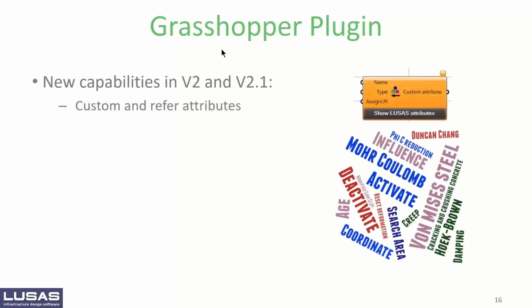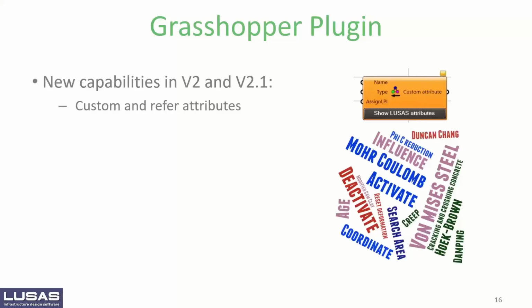So just to summarize then, we've been talking about predominantly version 2 of Grasshopper, version 22 of LUSAS, and version 2.1 of the plugin. Paul spent quite a lot of time there on the custom and the refer attributes.